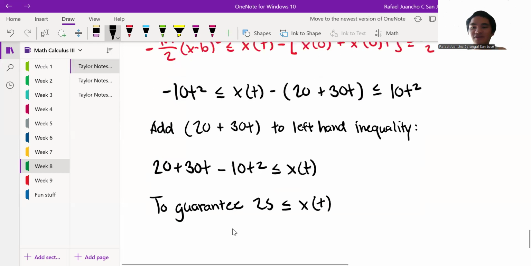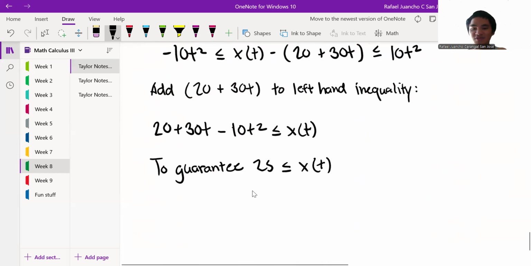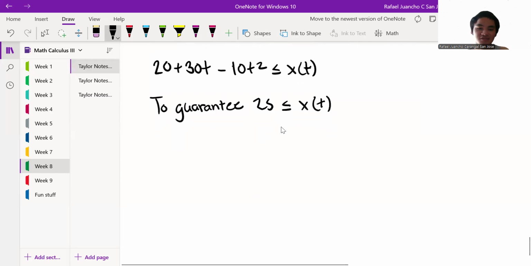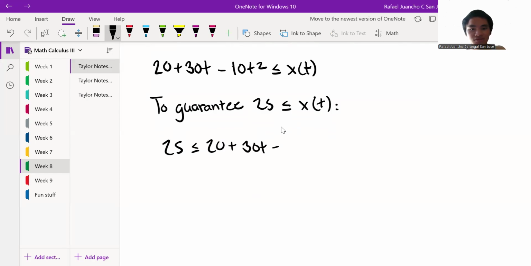It's just another way of writing this, right? I just reversed it, switched the signs. Well, here's what we're going to do. We want to say that 25 should be less than or equal to this thing. So it's a very mathy way of doing it.